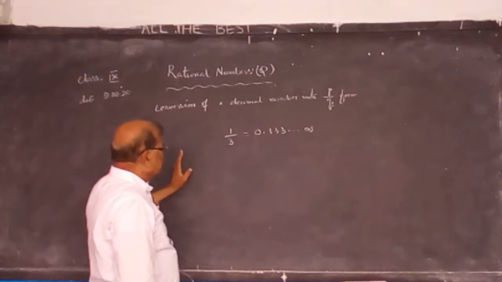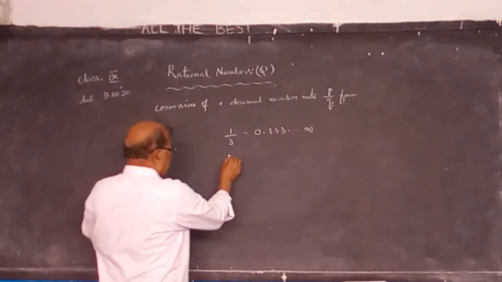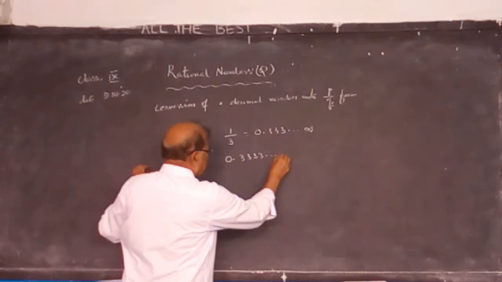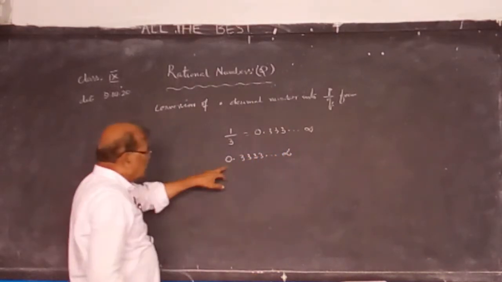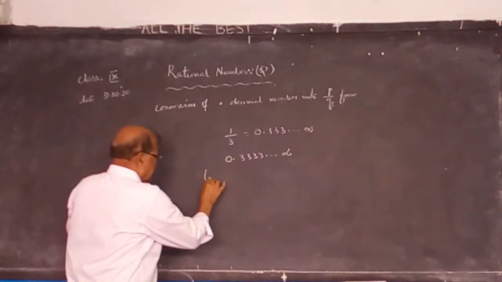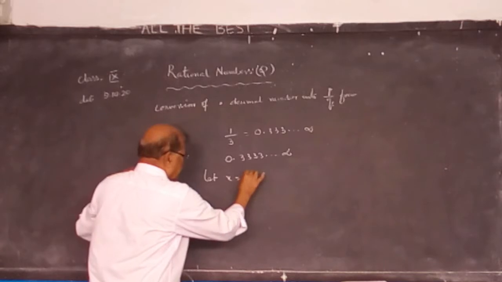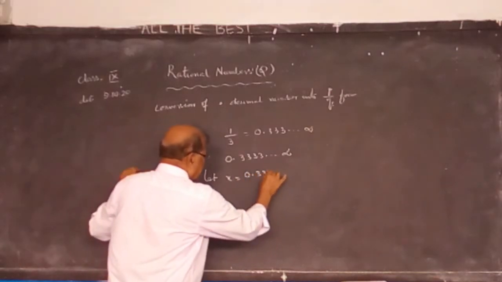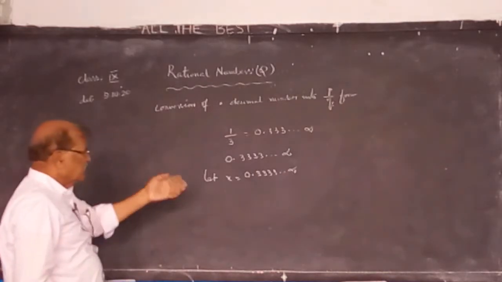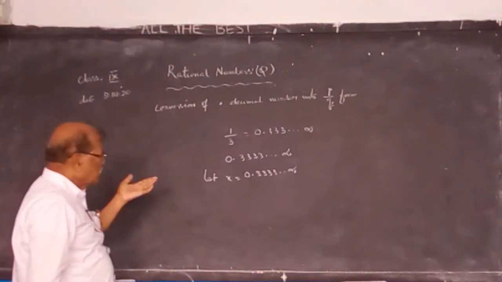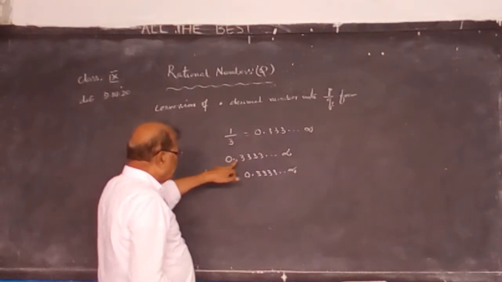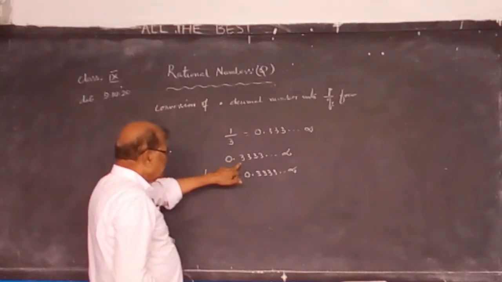If this is the case, how do you convert this value, 0.3333 up to infinity, in the form of P by Q? Let x is equal to 0.3333 up to infinity. Which part is recurring? How many numbers are recurring? Only 3 is recurring, only one digit.